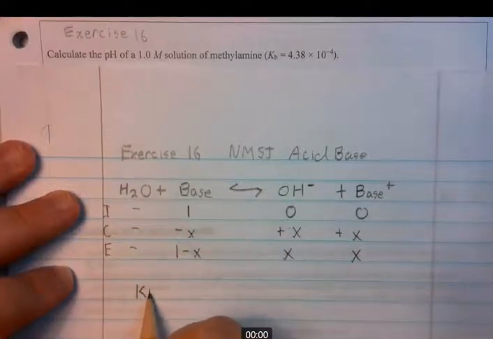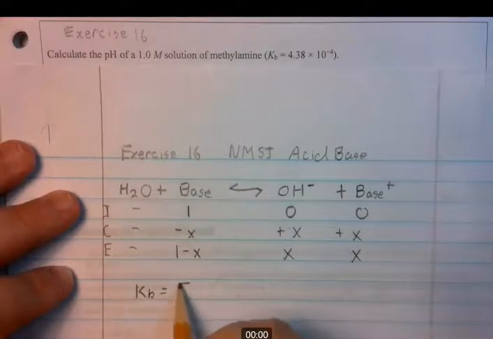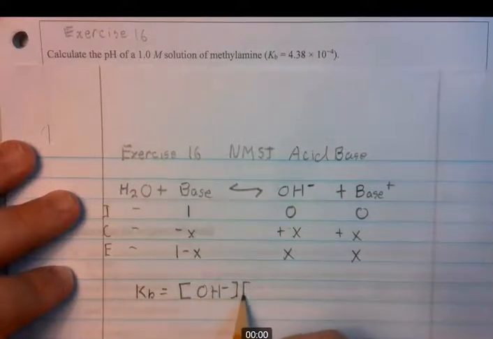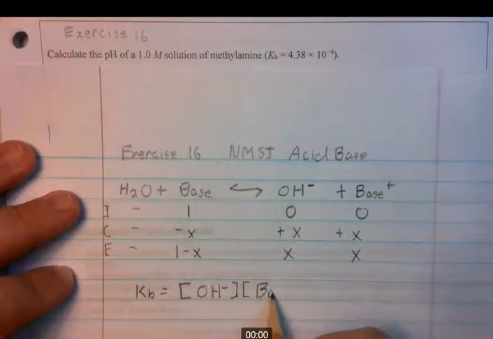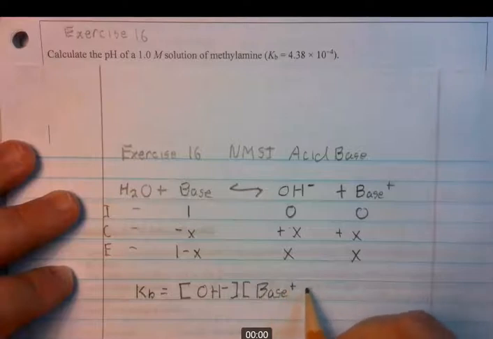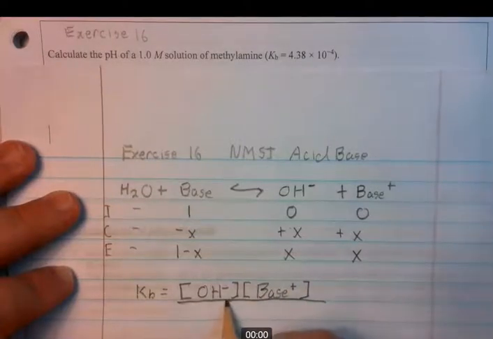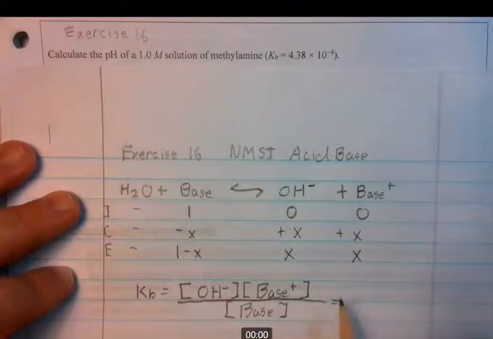So Kb, again, write the generic equation. It's going to be OH minus times base plus, which is the conjugate acid of that original base, methylamine. And then down here is just base. So that's going to equal, that's X, just like the last problem.